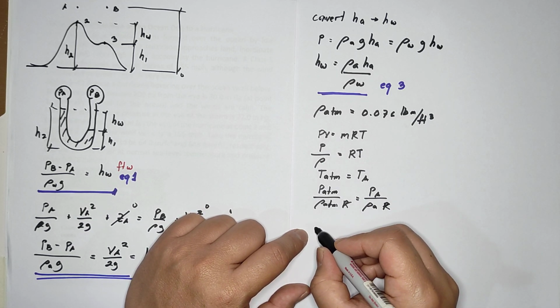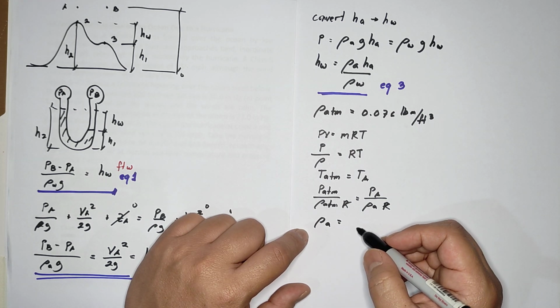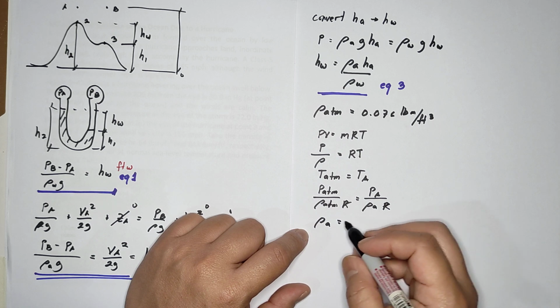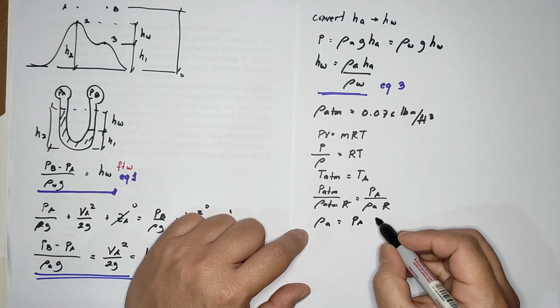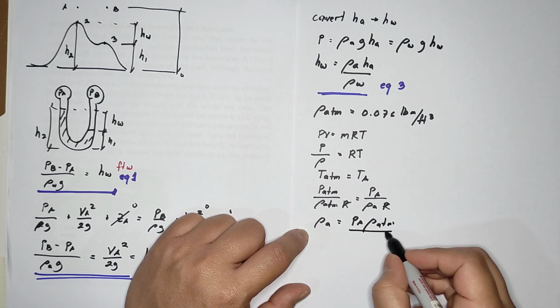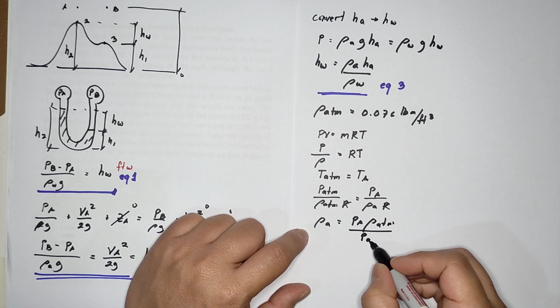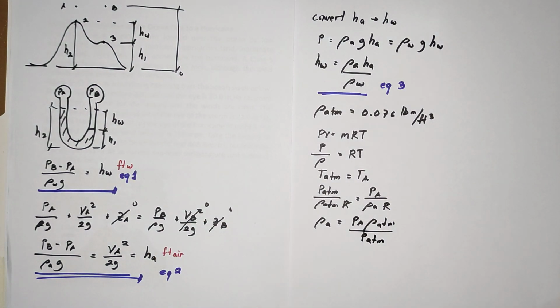So let me rearrange: rho A is PA times rho ATM over P ATM. Let's call that equation number 4.